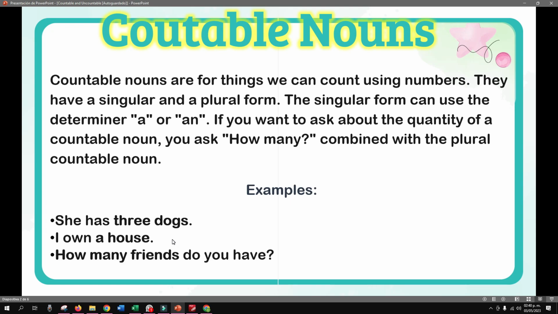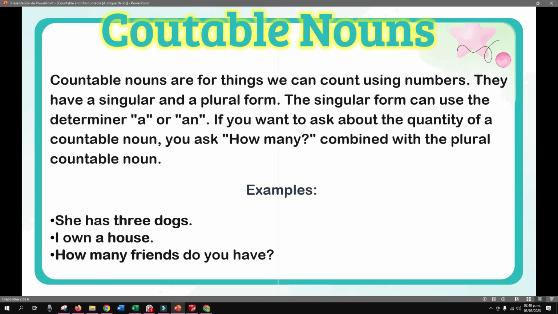So, how many friends do you have? If you notice here, you have the question. First, how many? And then you're going to have the noun, in this case in plural, right? Friends.